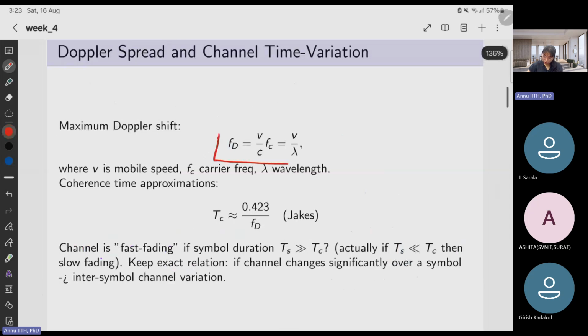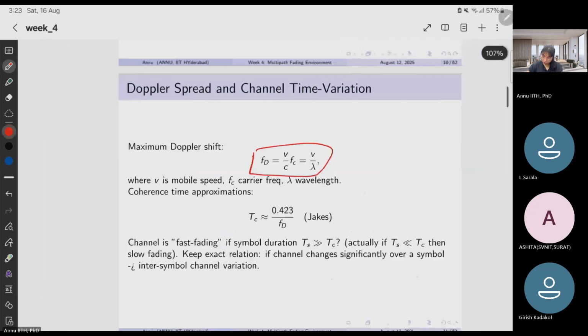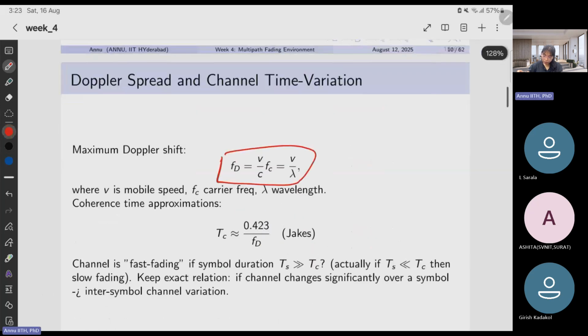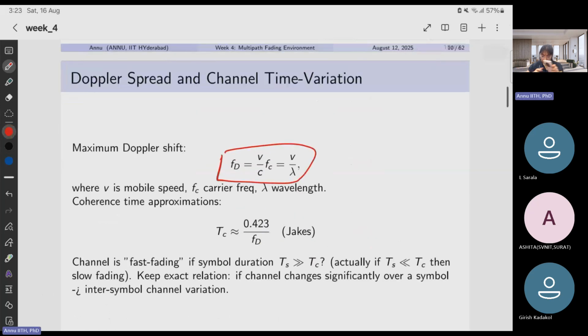And the formula for this is this: Doppler spread and the channel time variance.